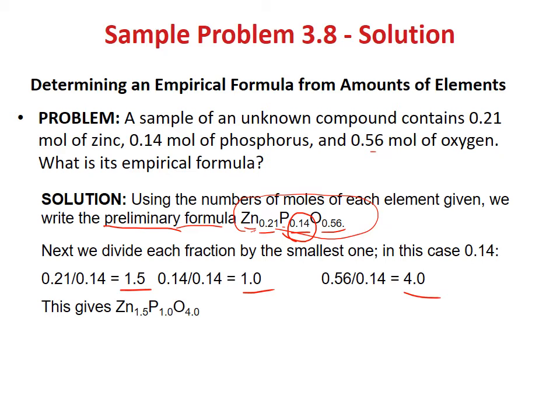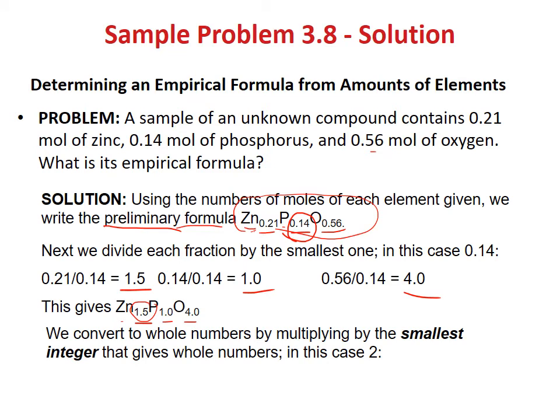And now we have a formula: zinc 1.5, phosphorus 1.0, oxygen 4.0. Note that you still have a fraction here. We need to convert the fraction into a whole number. So what we do is multiply by the smallest integer that gives whole numbers.